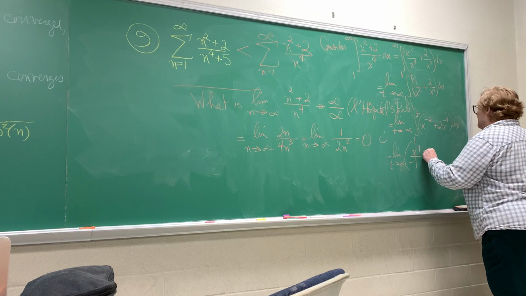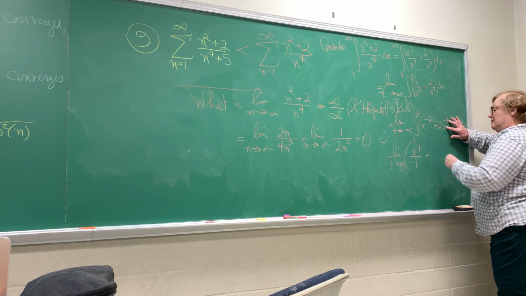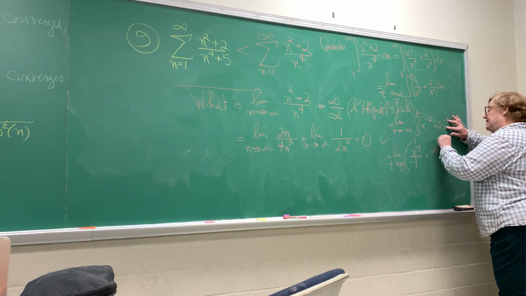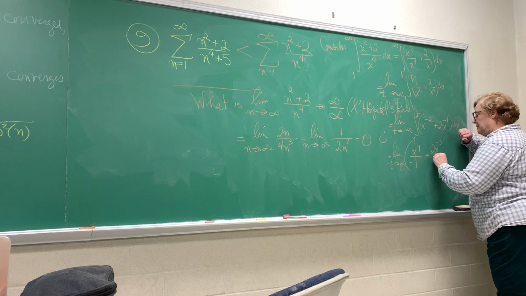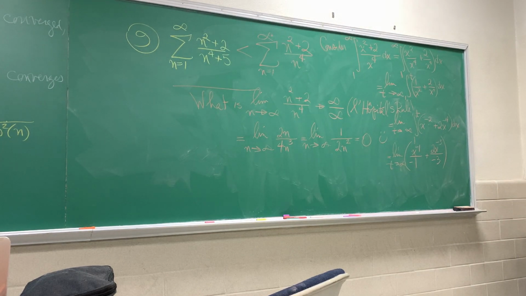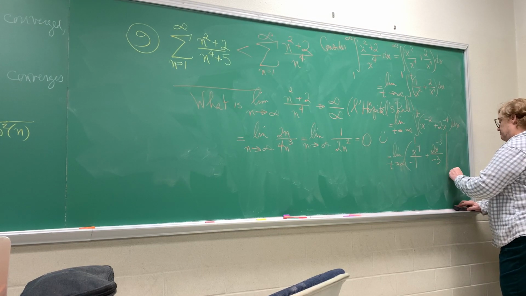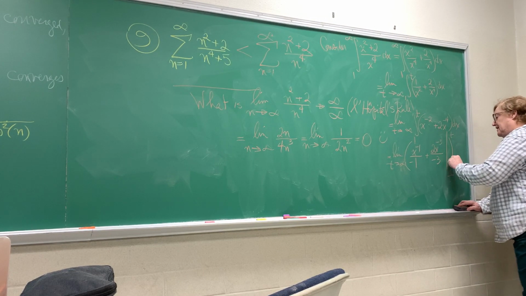Good. And we're doing what to the -4? So we get 2x to the -3 divided by -3. Okay, good. And we're evaluating this between 1 and t.